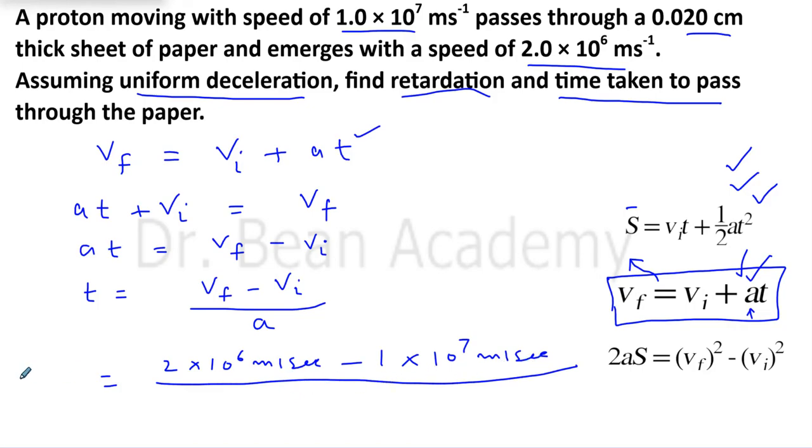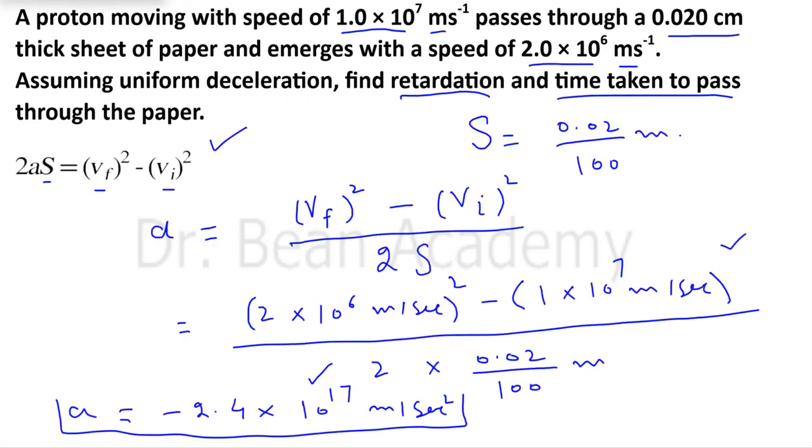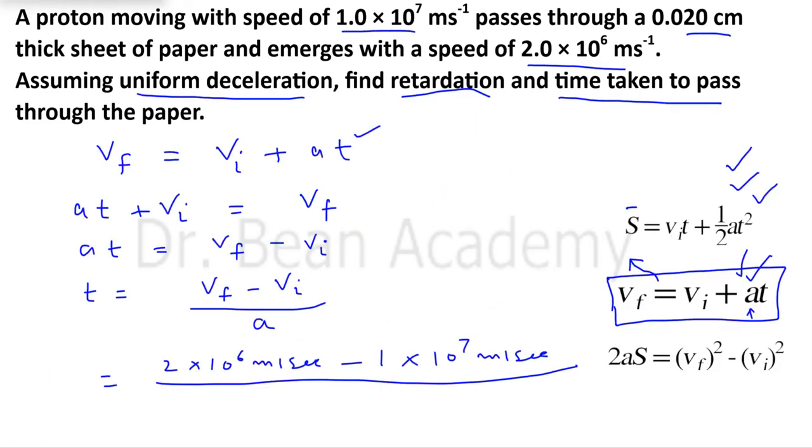Here is the acceleration we calculated in the previous step, negative 2.4 into 10 power 17 meter per second squared, so I will put this value here.